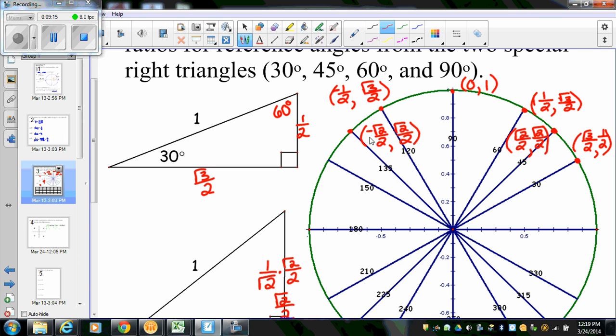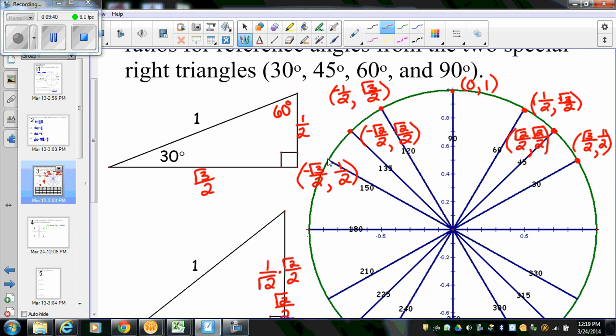So I now know quickly that the cosine of 135 degrees is negative square root of 2 over 2, and the sine is positive square root of 2 over 2. So then I go to 150 degrees. It matches up with 30 degrees, so it has the same coordinate pair, except the x-coordinate is negative.